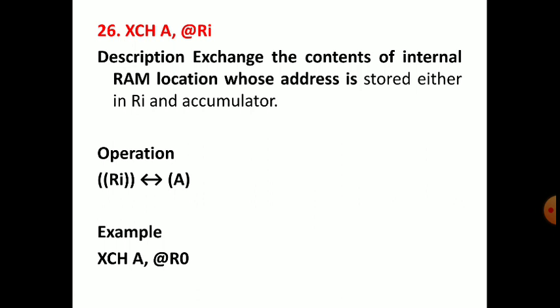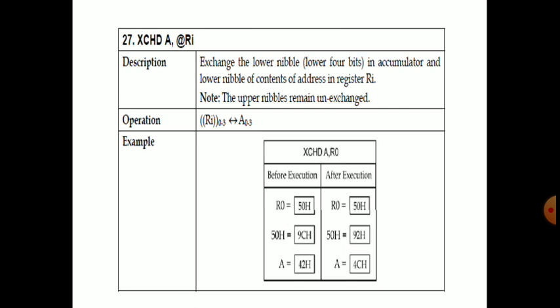Accumulator contents will be exchanged with the contents at the indirect address of RI. Let us take an example, XCH A comma @R0, or you can write XCH A comma @R1 also, and the table form is your assignment.